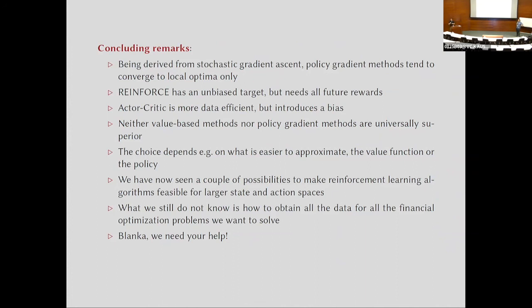Where is the limit? How do you say it's enough? Well, if the algorithm stabilizes, if your policy doesn't change by much, or if you have an estimate for the value and you see that it stops improving, that's where it's okay to stop.